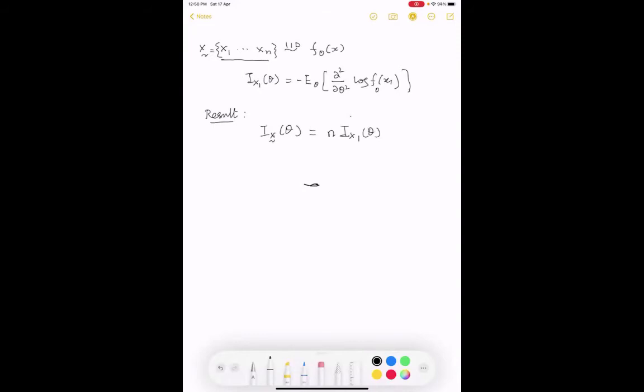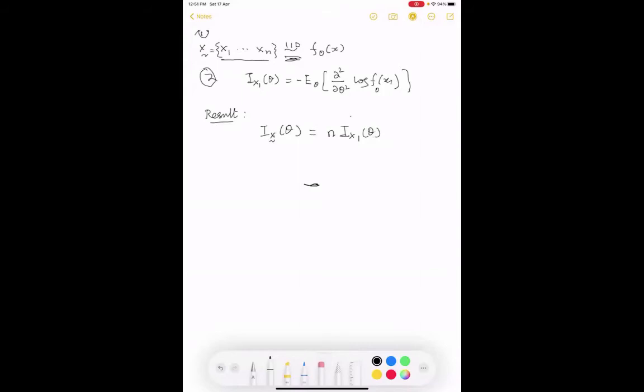This is a result under two assumptions. One is that your data set is following IID from some density. This is a very important assumption. And second is you are assuming this is your information, Fisher information.